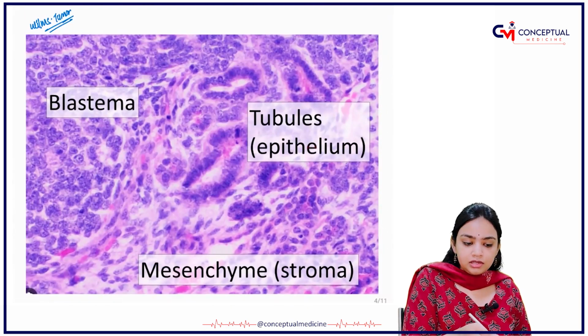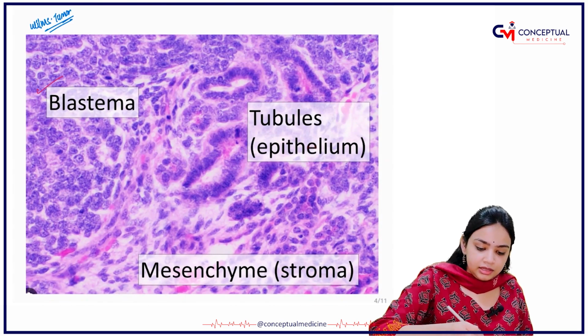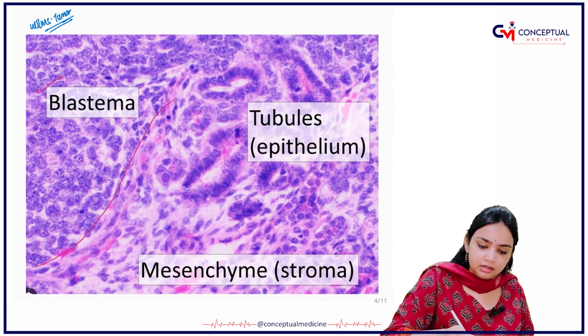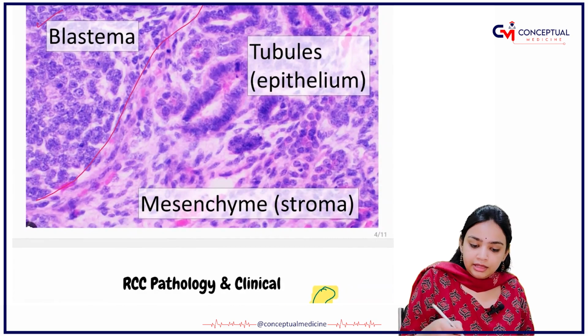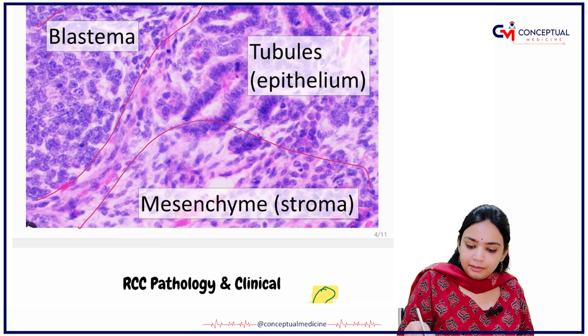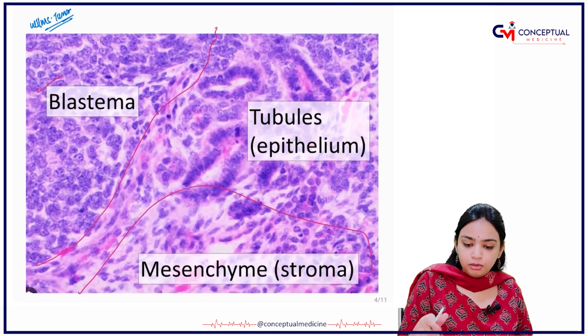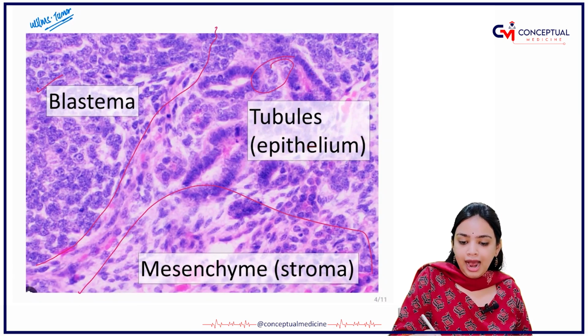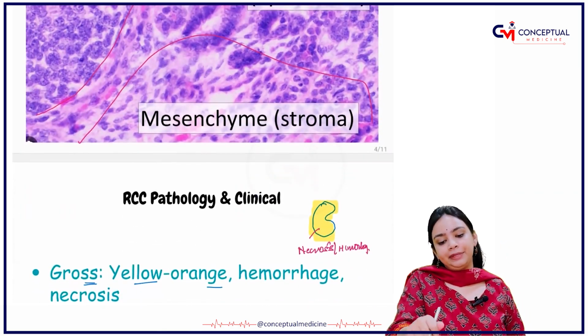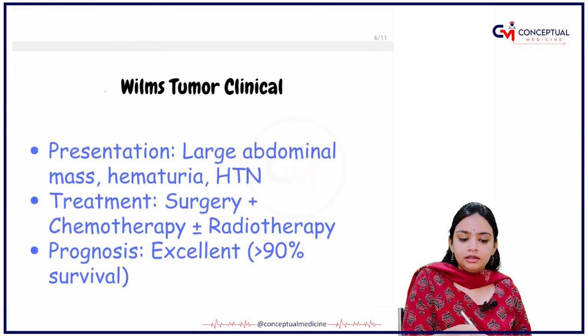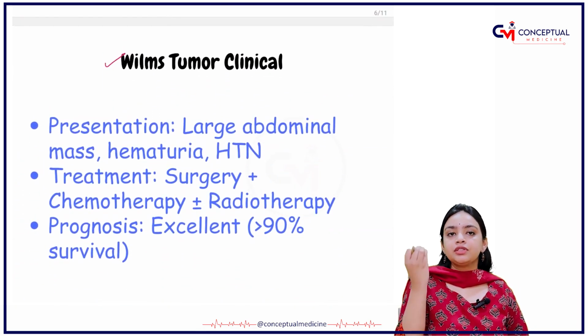See, this portion is blastemal. Then there will be a mesenchymal stroma, and these portions are nothing but your tubules or the epithelium. Next, let's see the clinical features of the Wilms tumor.